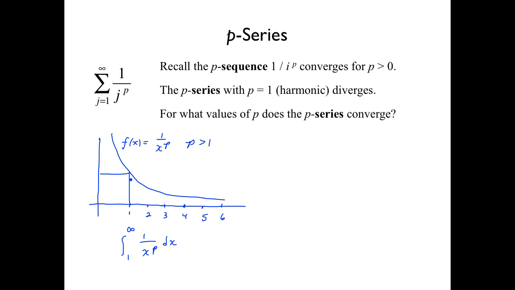At the rate of 1 over x to the p, which is the height of this function, integrating from 1 to infinity geometrically is what? Who remembers what that is? It's going to be the area under that curve, right? The y value is the rate. So this improper integral will give us all this red area like this.